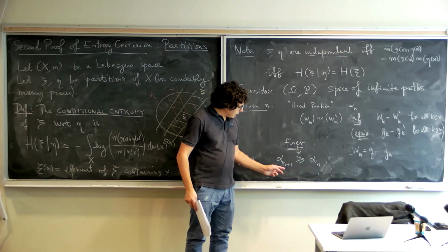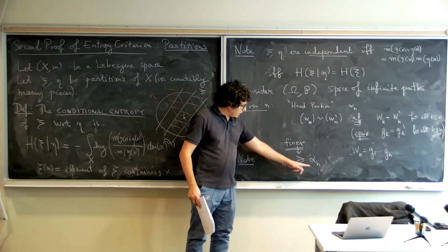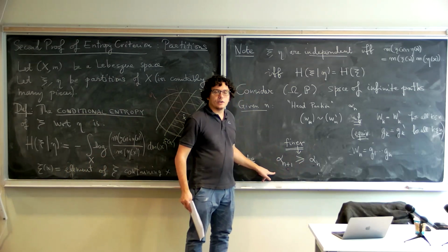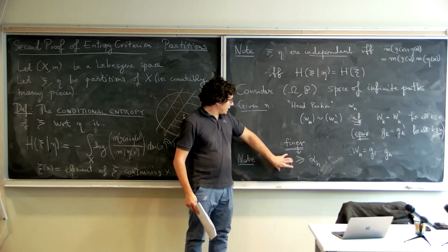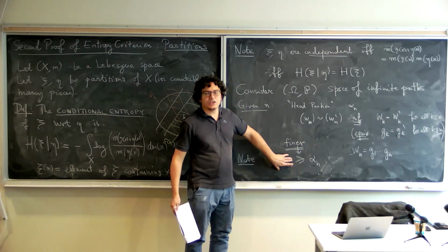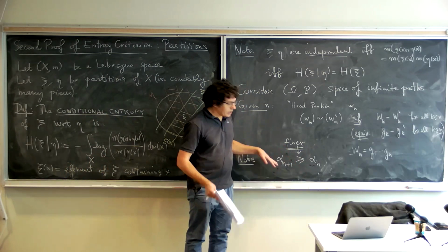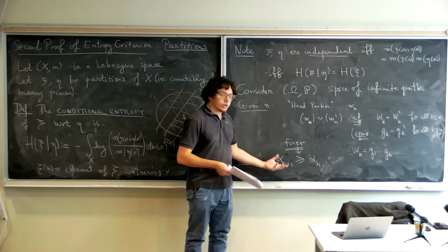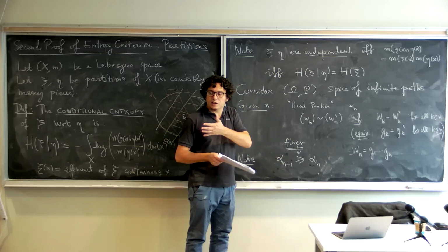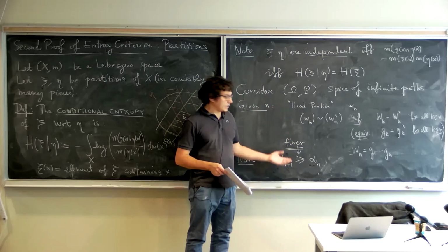So the points that are separated here will also be separated here. These classes are further subdivisions of the classes of those. And we think of this as being bigger because if you further split things, the entropy grows.